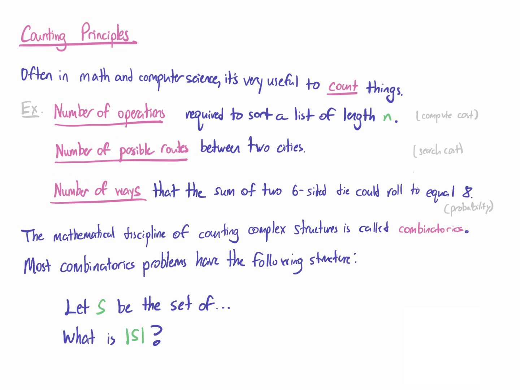That's the same question as asking the number of possible routes. And so we'll often frame our counting problem in the following form. Let S be the set of all possible solutions to a problem, and we'll ask, what is the size or cardinality of S? This will be the way that we do many of our combinatorics problems.